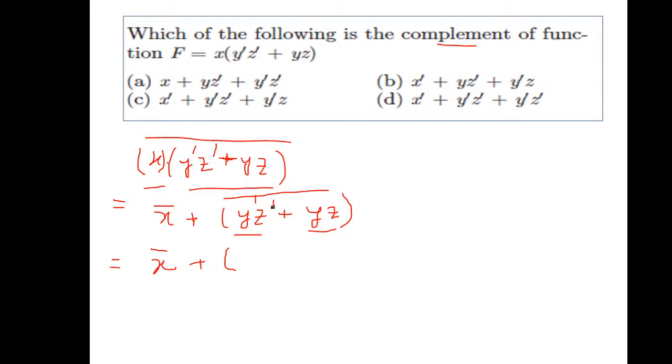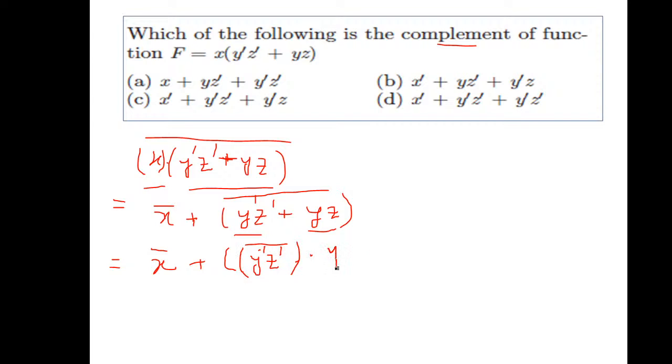So what we will do, this whole thing bar dot this whole thing bar, right? We can do it like y bar z bar, we can take it y bar z bar whole bar dot, or we can write in a bracket for our ease.